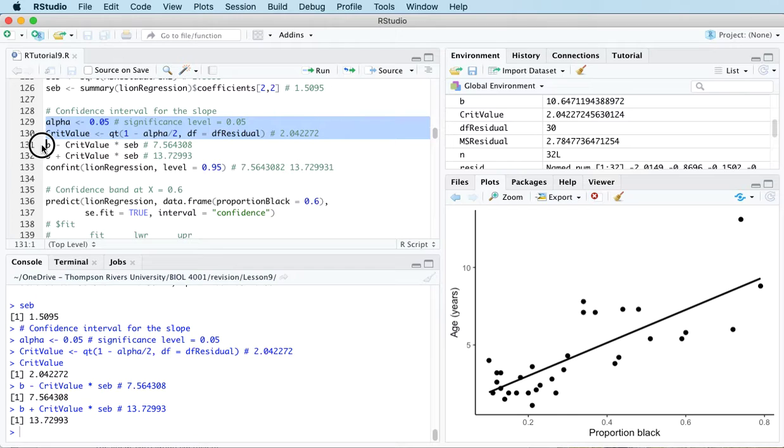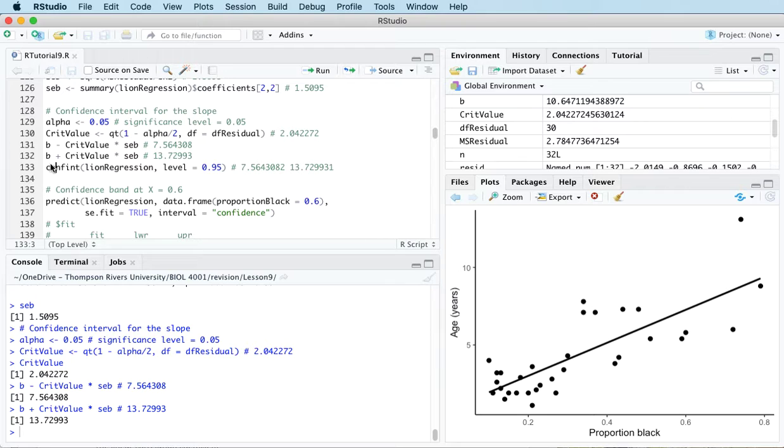So going through these calculations, it's helpful when you're first learning about this topic, because it gives you a slightly deeper understanding of where the numbers are coming from. But in practice, as is often the case, there's a built-in function that will do these calculations for us without us having to remember the formulas and potentially making mistakes.